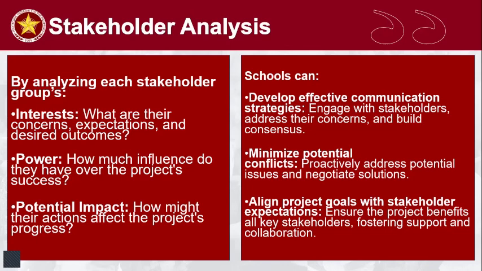And schools can develop effective communication strategies by engaging them to address their concerns and build consensus. Then we have minimize potential conflicts by proactively addressing potential issues, negotiating solutions, and aligning project goals with stakeholder expectations. Ensure the project benefits all key stakeholders, fostering support and collaboration.